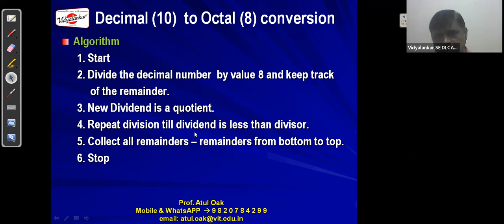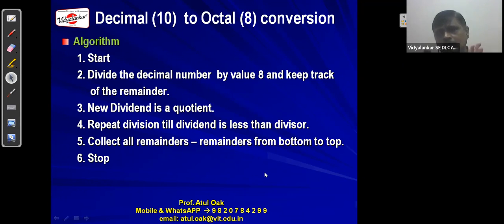Repeat division till the dividend is less than the divisor. Collect all remainders from bottom to top. Everything is the same, and stop. So you don't have to actually study each and every conversion separately. If you understand one pair, the remaining conversions are based on that.